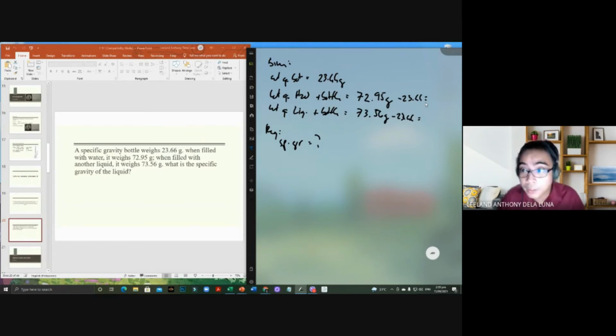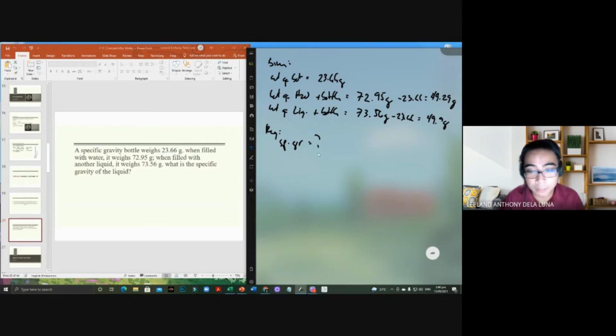So 72.95 minus 23.66. And we get 49.29 grams. Okay. Since I'm using the same bottle lang naman, class, most likely, pareho naman siguro ang volume ng dalawang to, right? They're going to have the same volume. So 73.56 minus 23.66. And you get 49.9 grams.